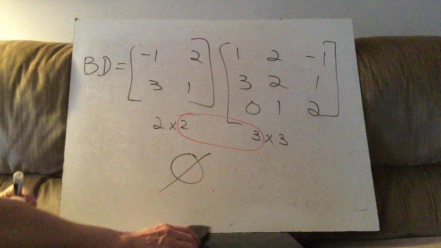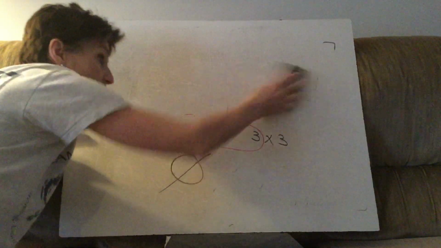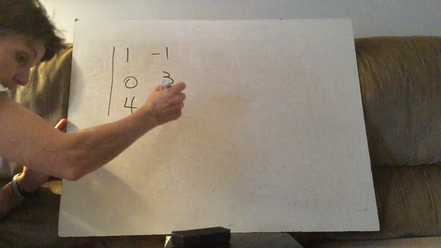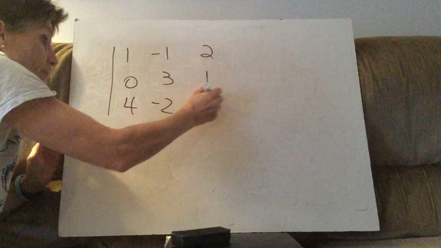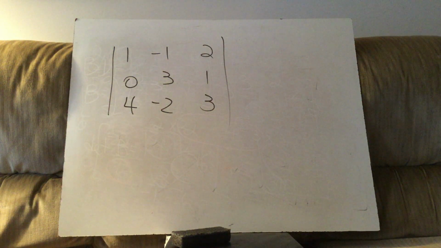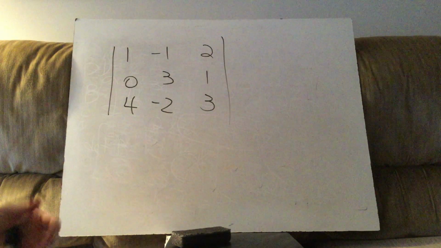Okay, well that brings us to problem number 5, which is a determinant. Make sure I copied it right. All right, now we're going to evaluate this determinant. So do you remember how to do this?